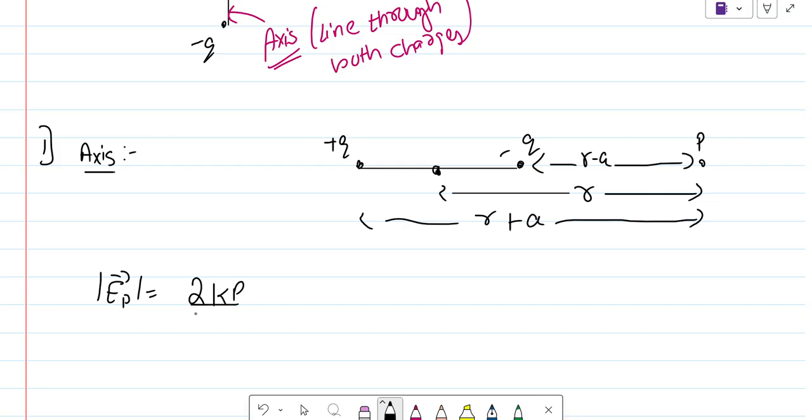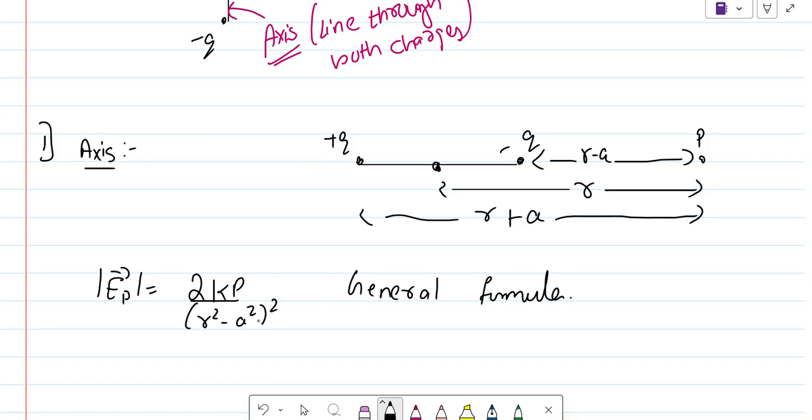2kp upon (r square minus a square) whole square. This is a general formula. We'll have the special case in a minute. Okay.